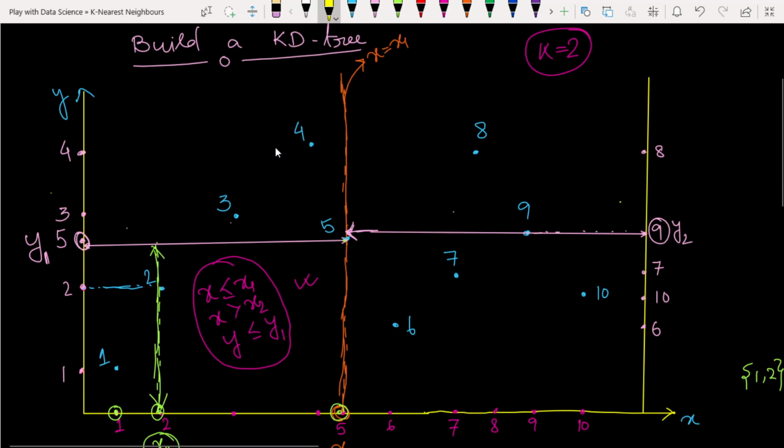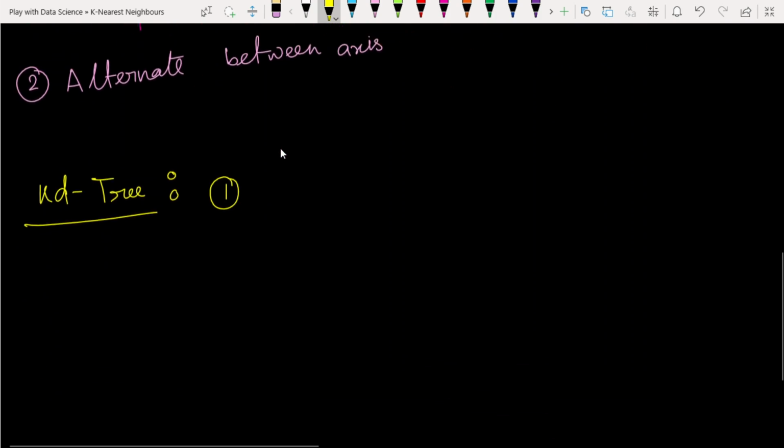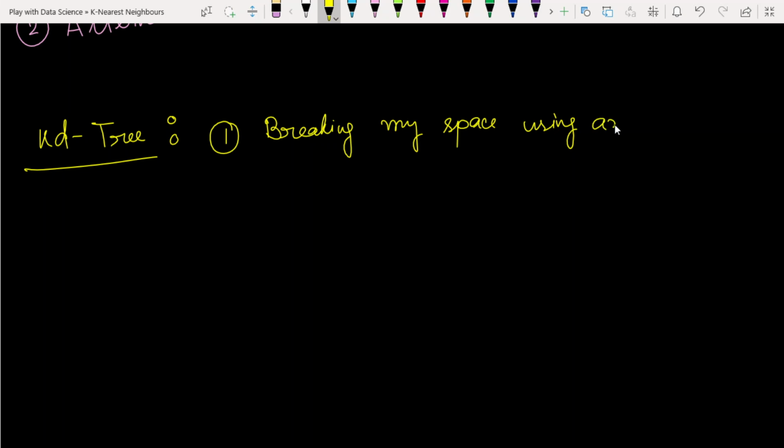We are breaking the whole space using axis parallel lines or simple planes.